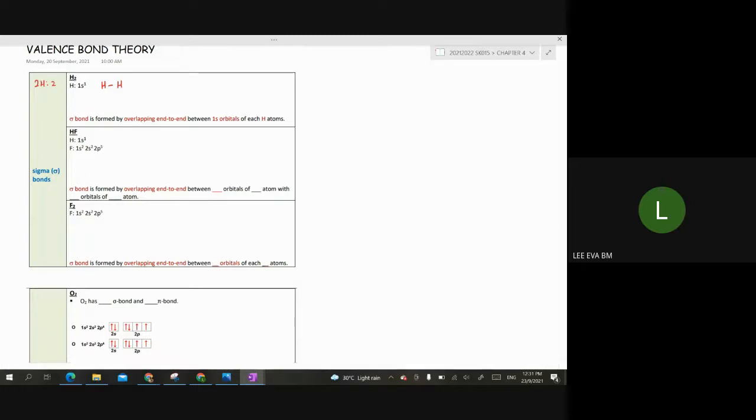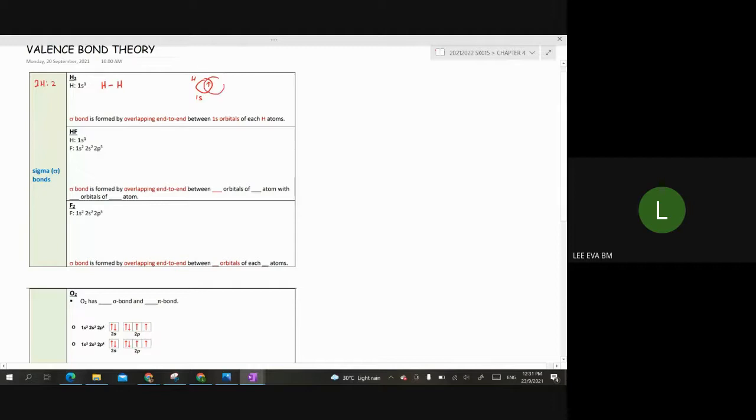Okay. So one s orbital from your first hydrogen, holding one electron. This is for one hydrogen. And then another hydrogen, your second hydrogen. Sorry, I made my drawing a little bit bigger.